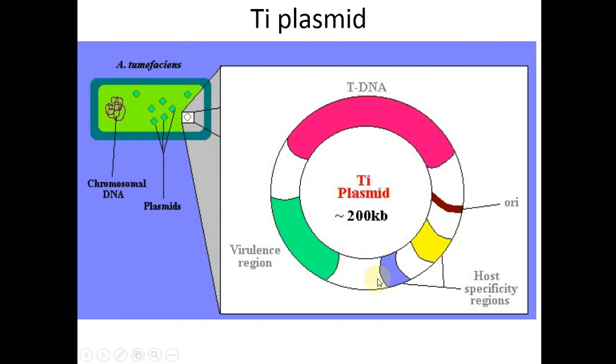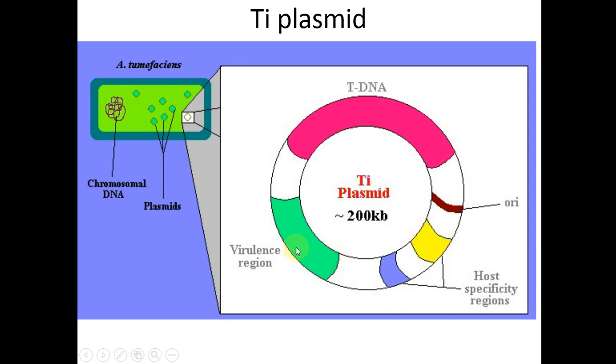So this is Ti plasmid. Size is 200 kilo base pair. It has its own origin of replication gene, tDNA, which is transfer DNA, virulence genes, and host specificity region, okay, which allow this tDNA to transfer to the specific host cell, that is plant cell.